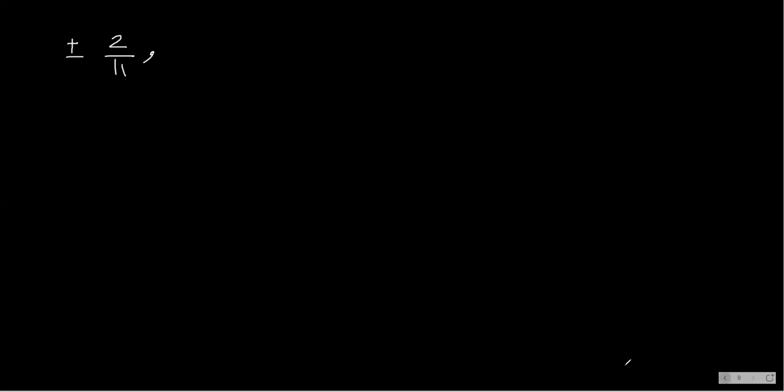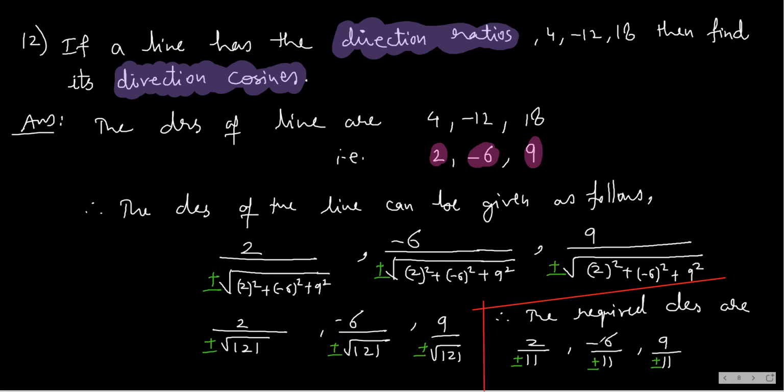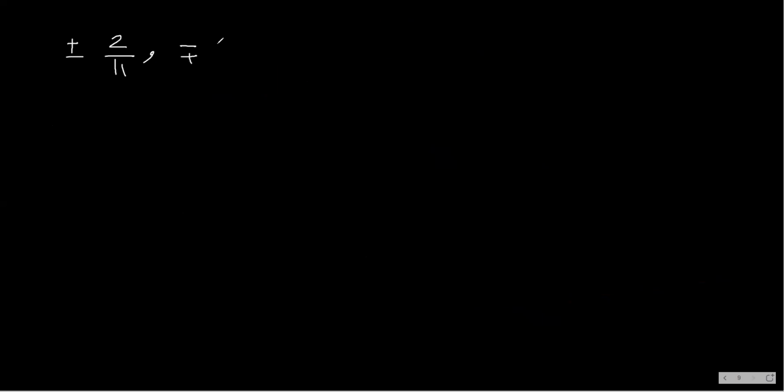Then, see, this is a negative sign, so plus minus will become minus plus. Because of this negative sign, it is no more plus minus, it is minus plus. So it will become minus plus 6 upon 11 and plus minus 9 upon 11.